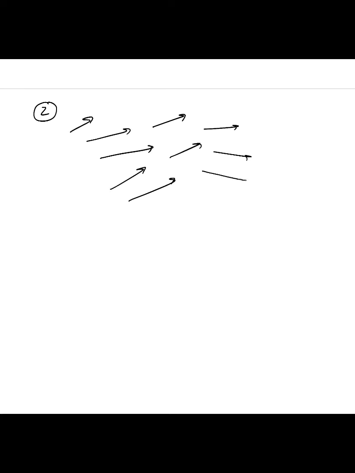Number two, this we also mentioned in class. Heads up number two is when you have a vector field, so just a bunch of arrows pointing however, just populating the space where you're doing your math, different lengths, different directions, just sort of scattered about.